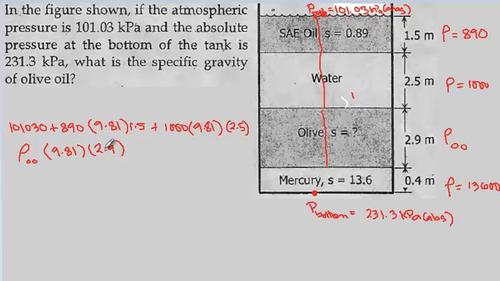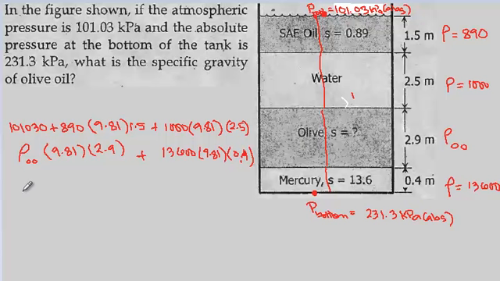To reach the bottom, it increases further by rho of mercury, 13,600, times g, 9.81, times a depth of 0.4.